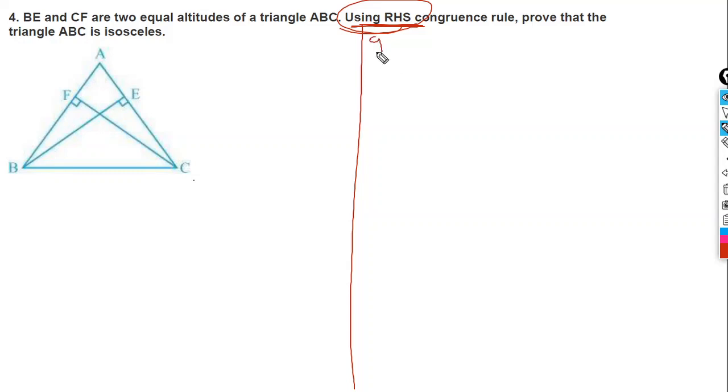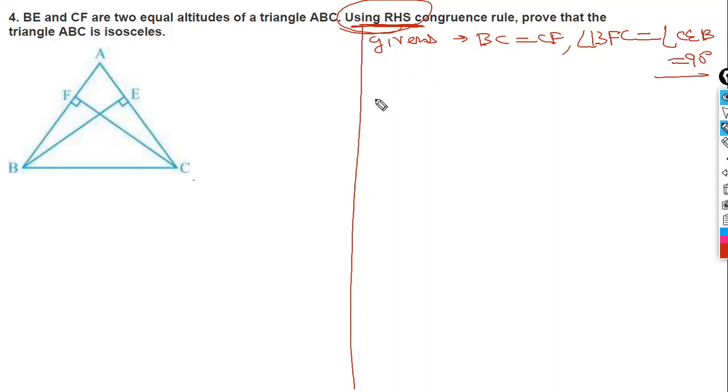First you write given: BE equal to CF, it is given, and these angles are 90 degrees. Angle BFC and angle CEB equal to 90 degrees. This much data is given.